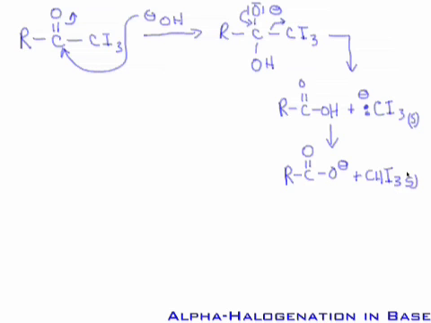CHI3 is iodoform, it's a yellow solid. This is the iodoform haloform test for the methyl ketone. The formation of a yellow precipitate indicates the presence of a methyl ketone.